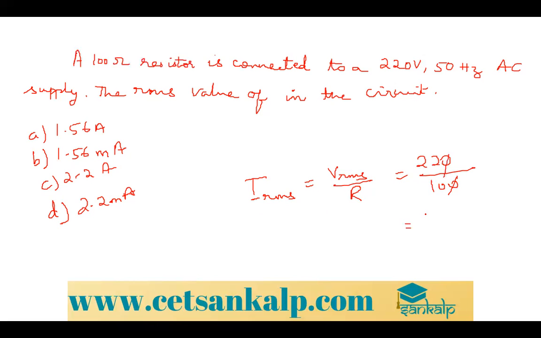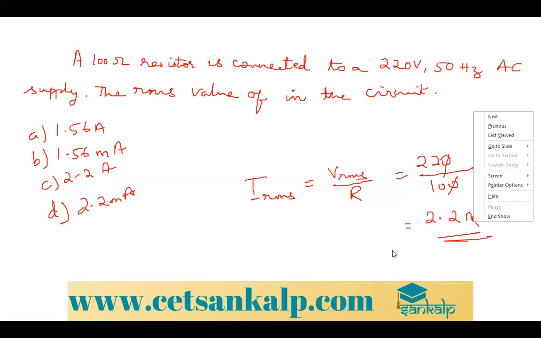So IRMS is equal to 2.2 ampere. It is not milliampere, it is only ampere. 2.2 ampere. Okay, I hope you are clear with this.